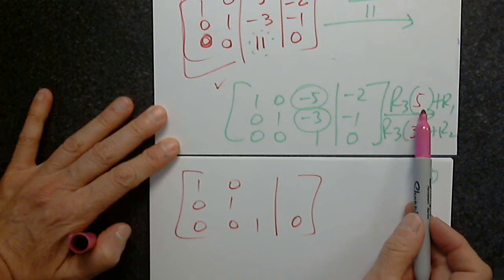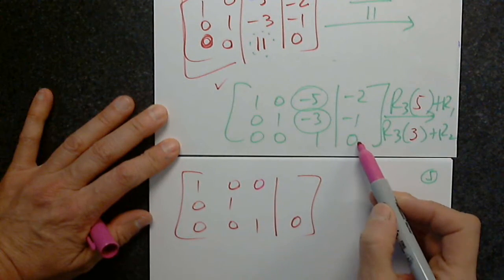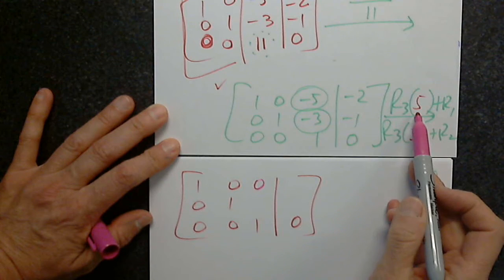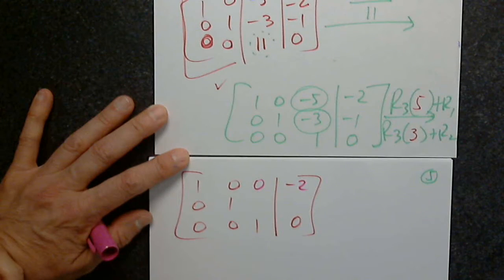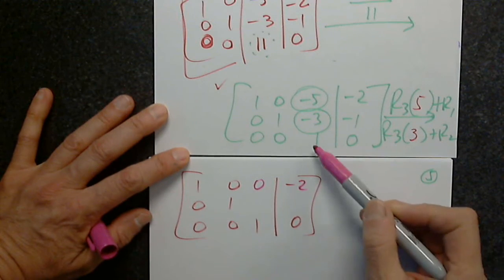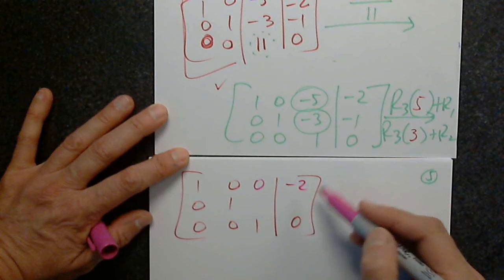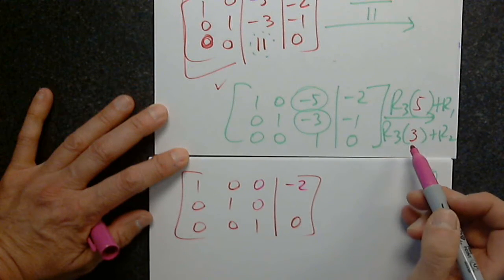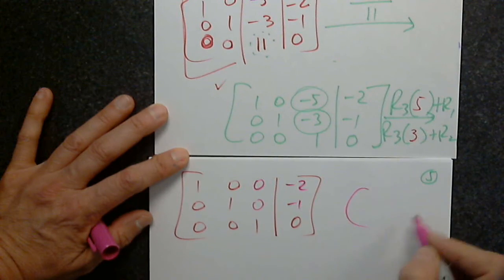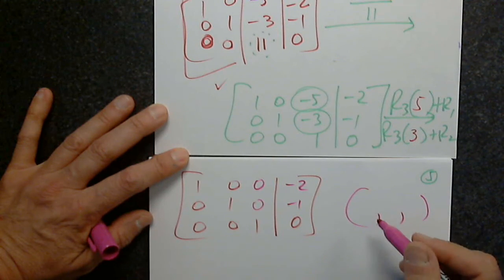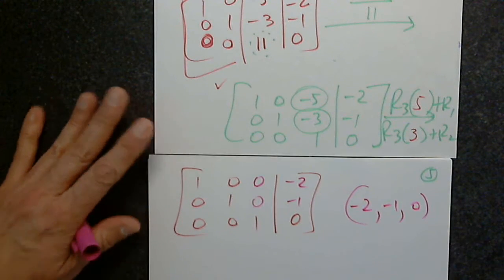One times 5 minus 5, 0. 0 times 5 minus 2. 1 times 3 minus 3, 0. 0 times 3 minus 1. What do you expect? I expect this, would you agree?